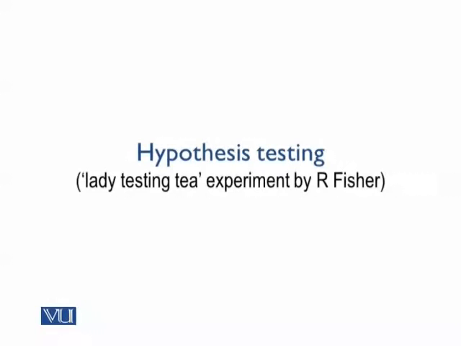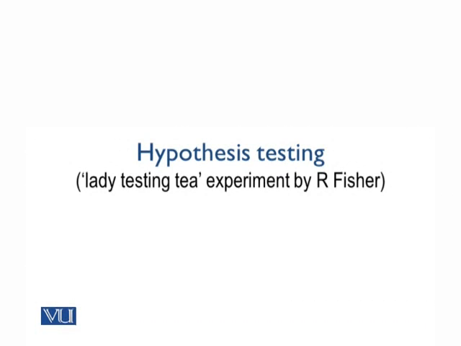And to highlight this, I will give you an example that has a very special place in the history of design of experiments. This is a very trivial sounding experiment, but this actually happened in the life of Ronald Fisher. So here goes the example.